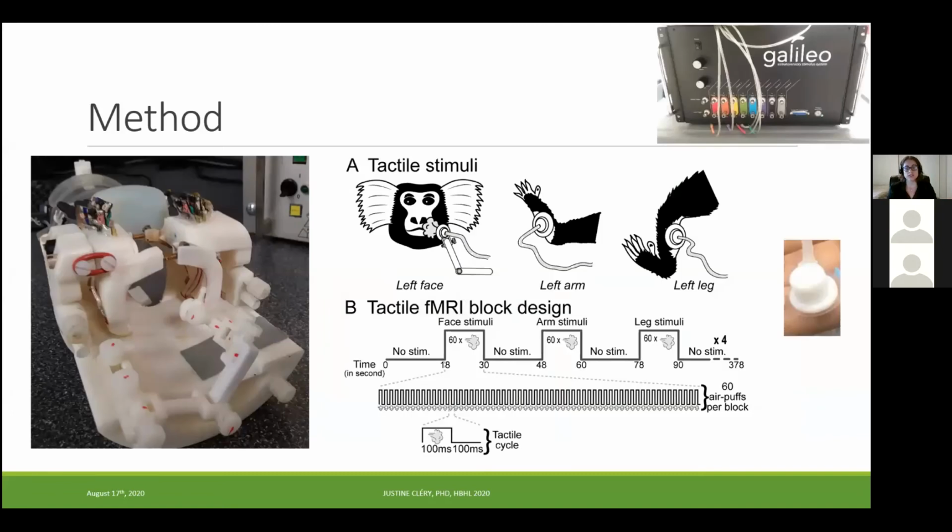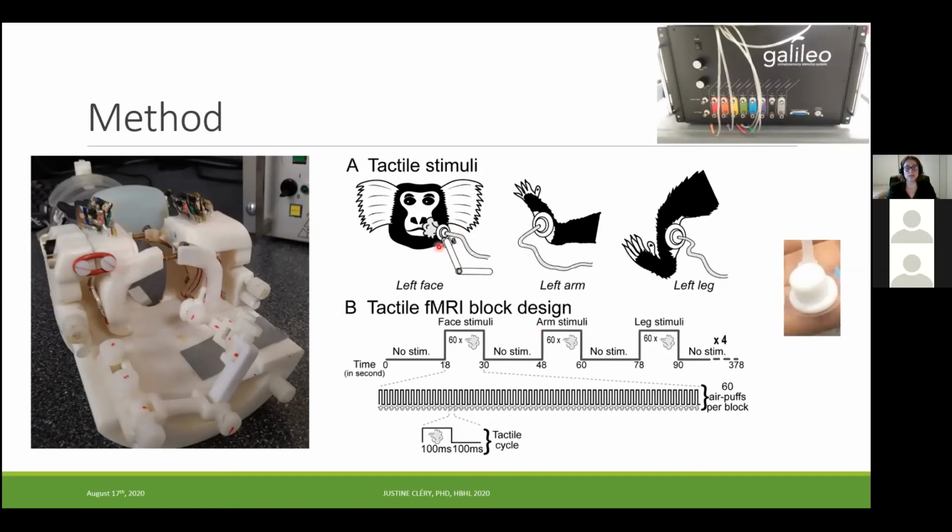For our task, we use the pneumatic Galileo somatosensory system to deliver air puff to the face, arm, and leg of the animal. So we first shave the arm and leg to tape a stimulus node around them.